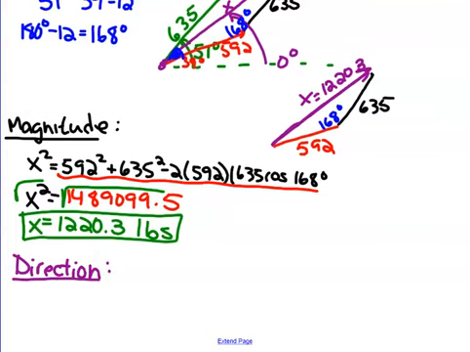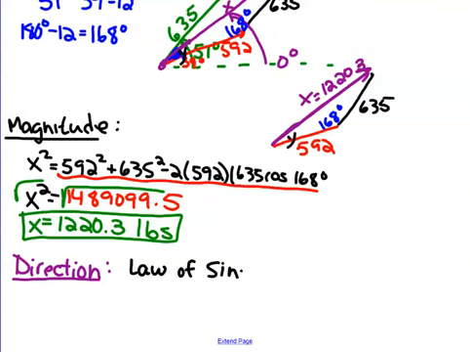the direction is that red 39 degrees, because look, this is the resultant right there. It's that red 39 degrees plus, I'm going to call it y right there. So if I add 39 plus y, I'm really looking for that, back to that original triangle. So in order to do that, I'm going to use law of sines.